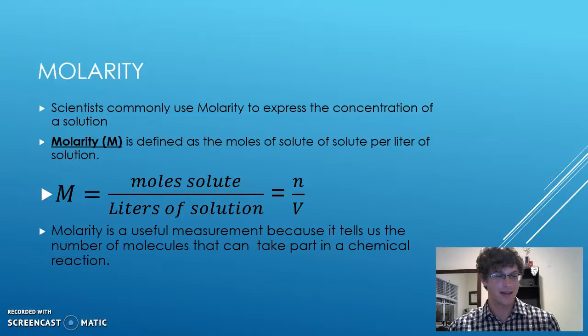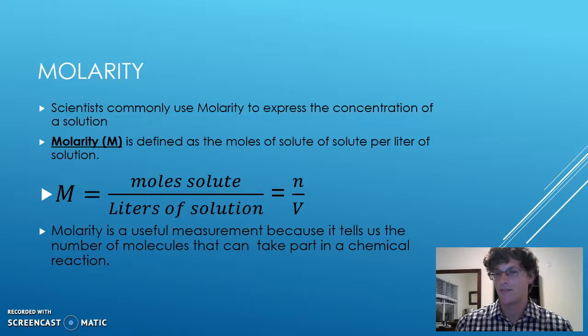But with molarity, by knowing the molarity and volume of a solution, you can calculate the moles of solute that's contained in that solution. You will know precisely how much solution you need to make a chemical reaction go to completion. So a good example of this is baking soda and vinegar.